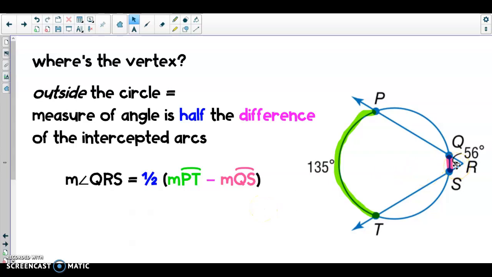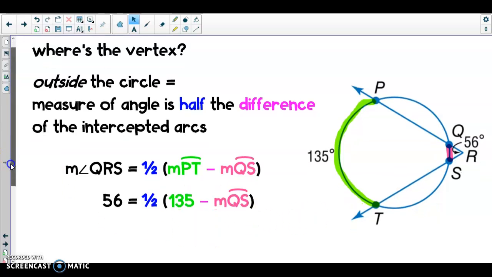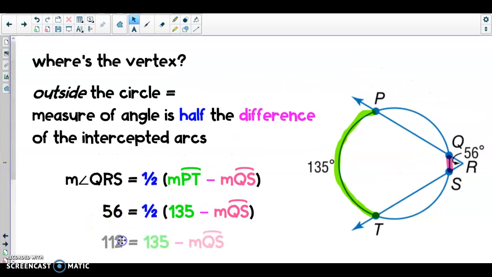So if we know that angle QRS is 56 and we know that PT is 135, we can plug in those 2 known values and we can solve for the measure of arc QS. I'm going to scroll down a little bit here. Hopefully it'll show up.